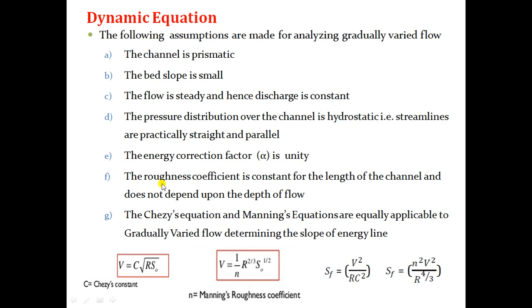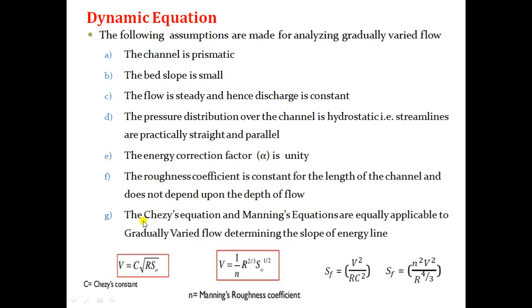The sixth assumption is that the roughness coefficient is constant for the length of the channel and does not depend upon the depth of flow. For a particular length, if we consider the channel boundary to be made up of a single material, the roughness coefficient will remain constant, and also it does not vary with the depth of flow.